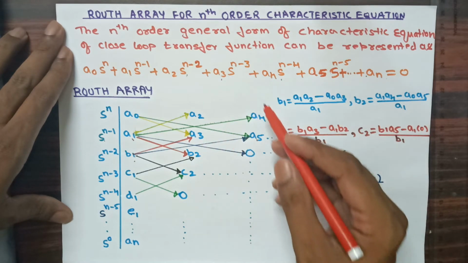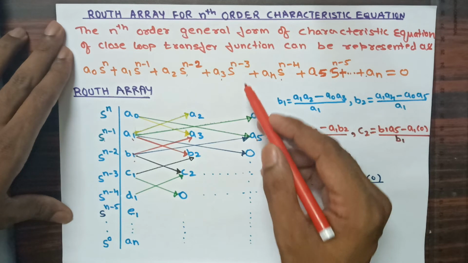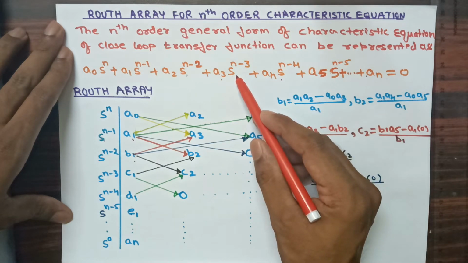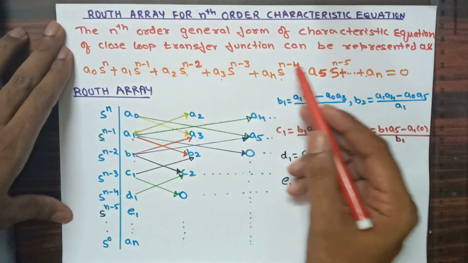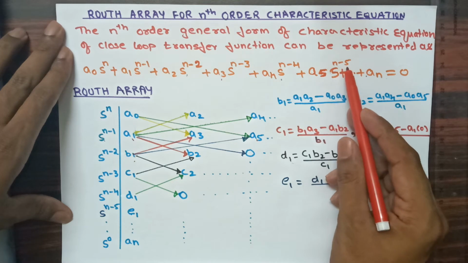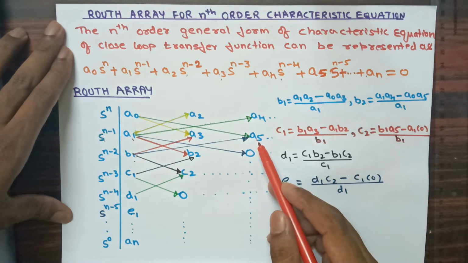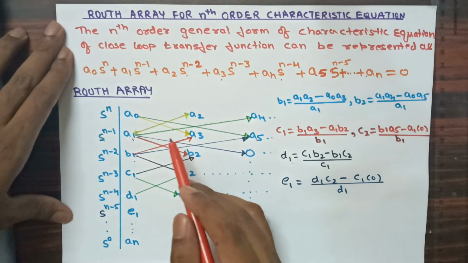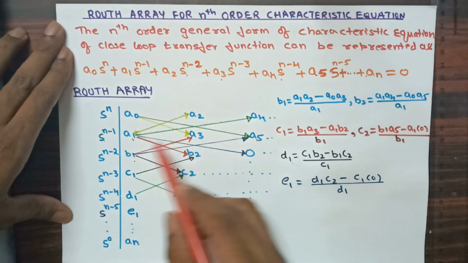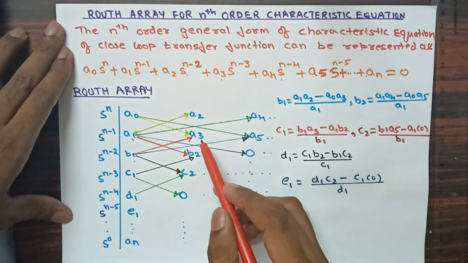And to get the third value we are going to take the alternate value of s to the power n minus 3, that is s to the power n minus 5, and its coefficient is a5, and I have written here a5. This is one method where we are going to form the two rows directly from the characteristic equation.